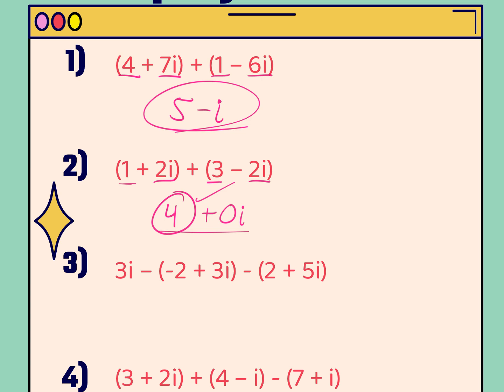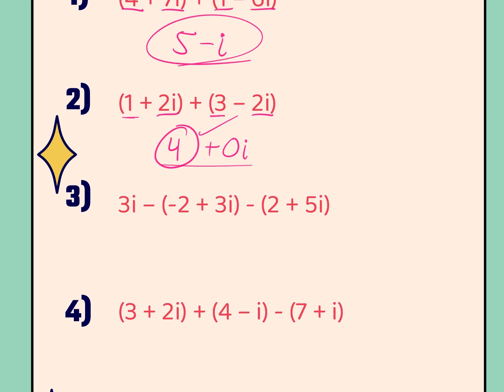Now number 3 is the same thing. This time we have a subtraction sign. What the subtraction does is just change the sign of everything on the inside of the parentheses. We've done this before. So it's just going to be 3i plus 2 minus 3i, and then minus 2 minus 5i.